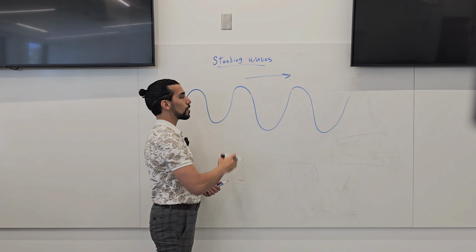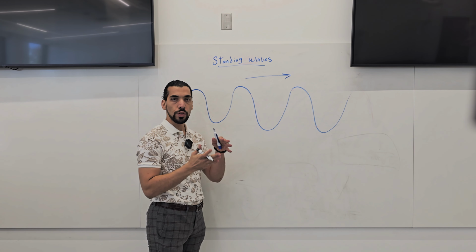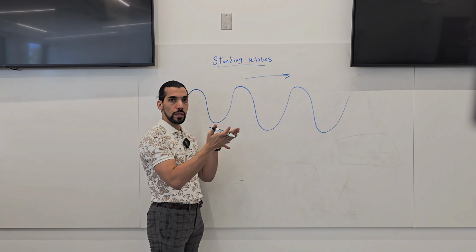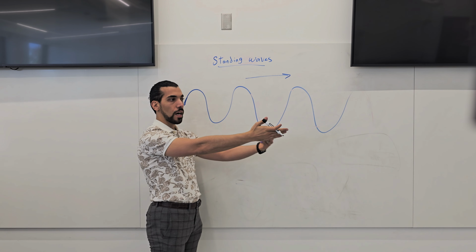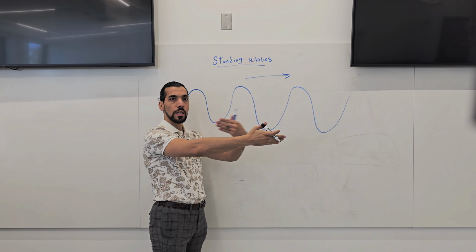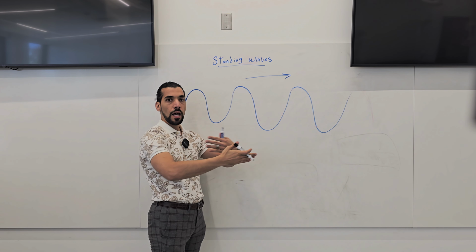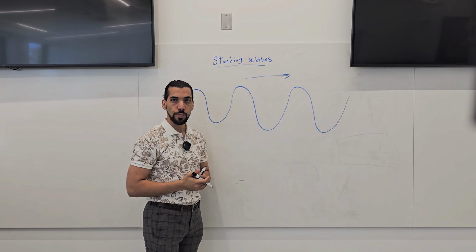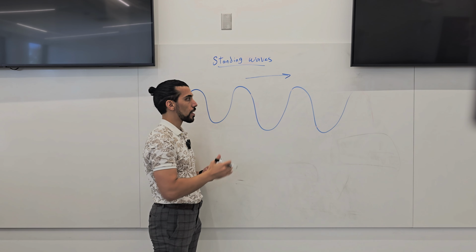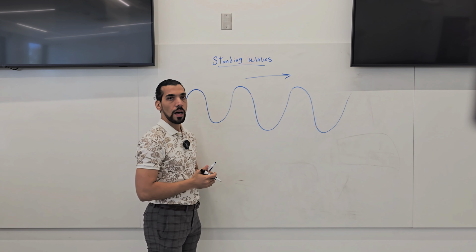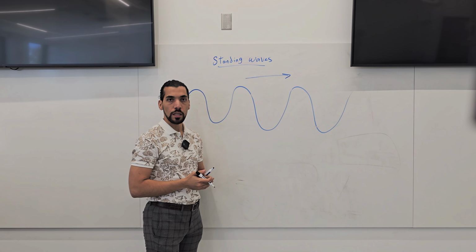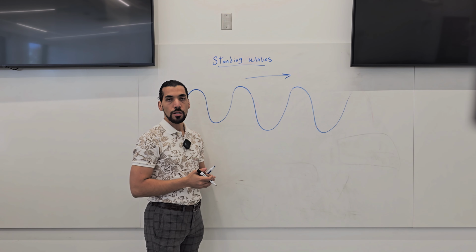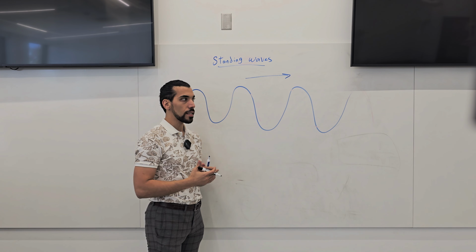So a standing wave is two transverse waves. One is moving in one direction and the other one is moving opposite to it in the other direction. And there are some conditions. First, they have to have the same speed of movement in space, and they have to have the same frequency and the same amplitude so that we can create a standing wave.